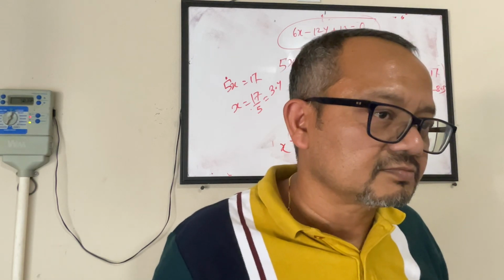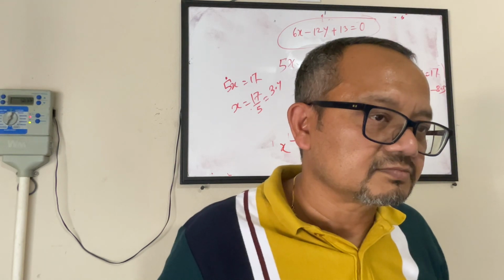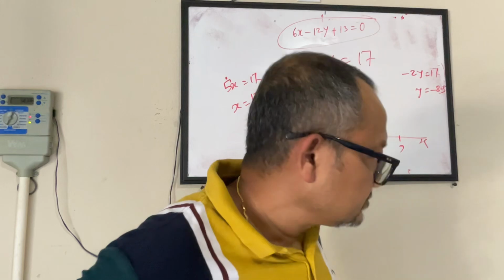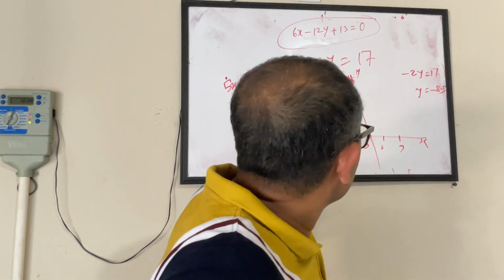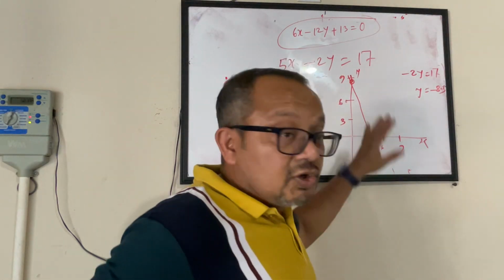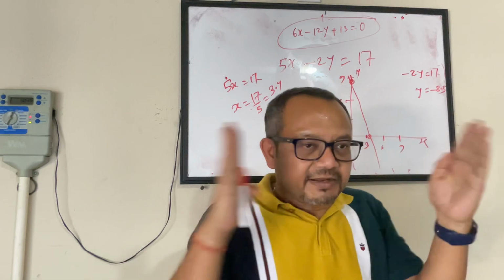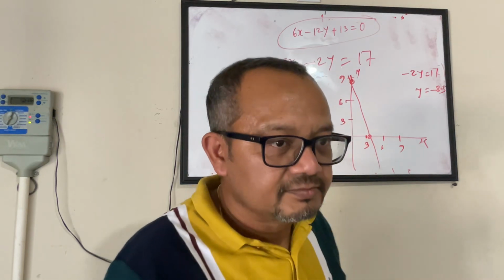So you plot the points, like now you have 5x, so you point the 5x down and the 17 out. No, so see, let's take one step back. If I have to draw a line or line segment, what do I need?